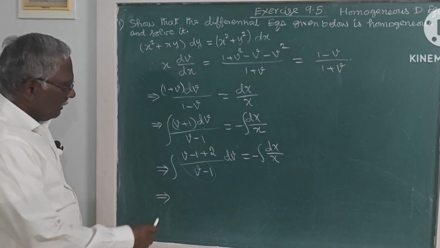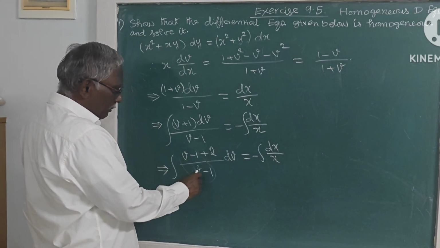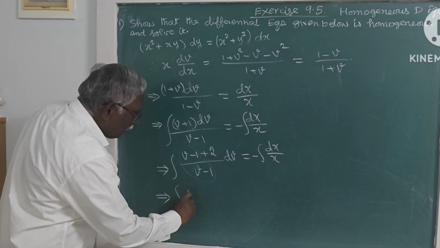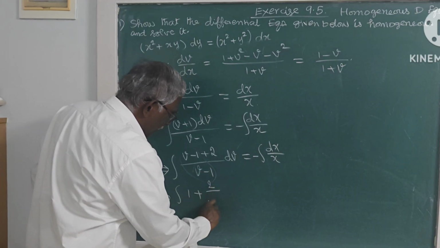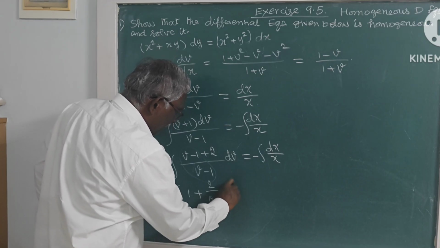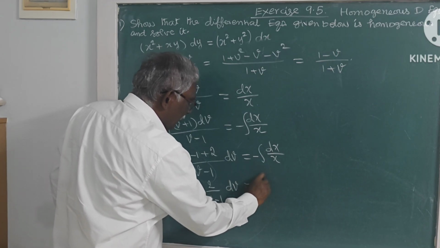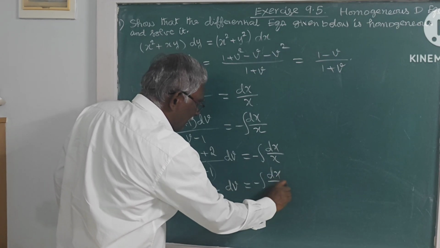Now v minus 1 by v minus 1 is 1. So integral of 1 plus 2 by v minus 1 dv is equal to minus integral dx by x.